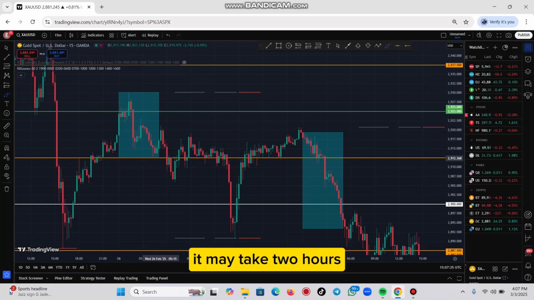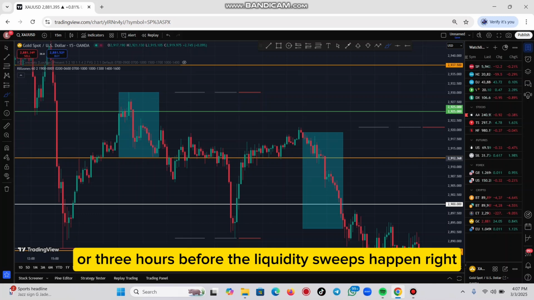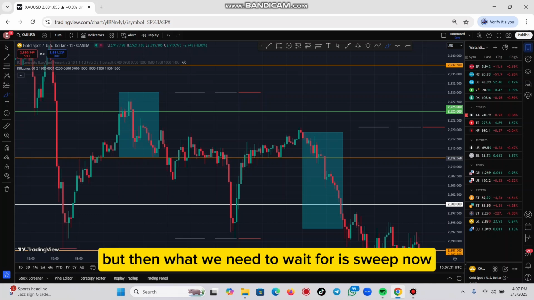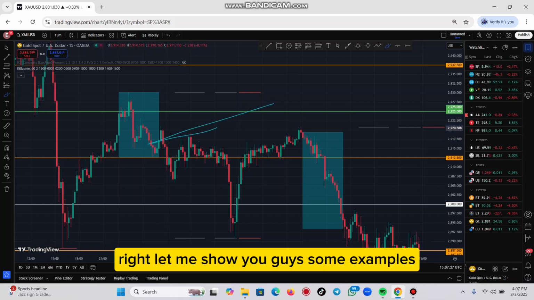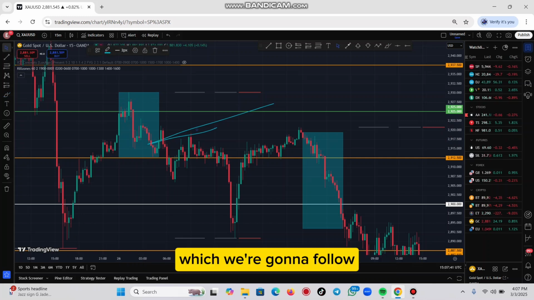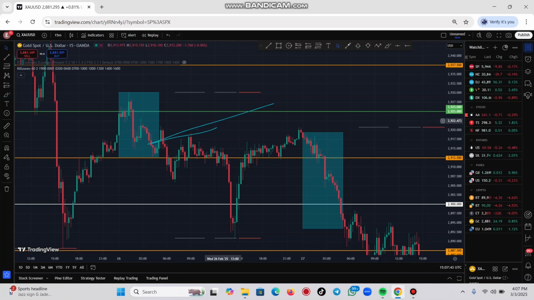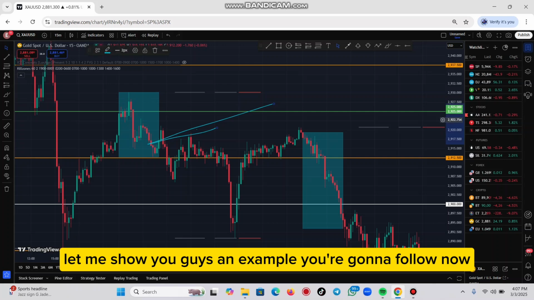It may take 2 or 3 hours before the liquidity sweep happens, but what we need to wait for is a sweep. Let me show you guys an example which we're going to follow.